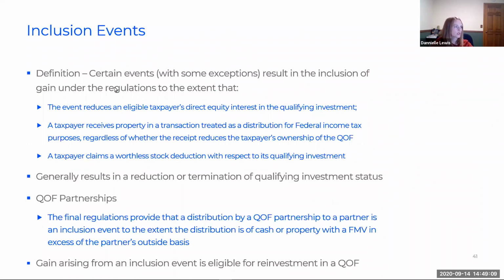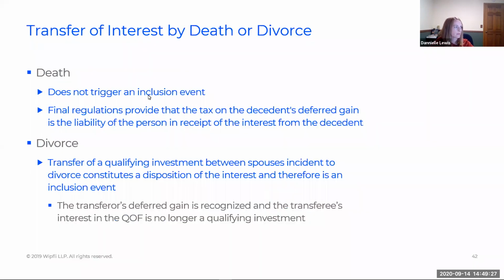A few inclusion events. These would be situations where you have to pick up the gain that you deferred. Essentially, these are going to come if you have left the QOF, or if you've had distributions in excess of your basis. Thankfully, they clarified that if you were to die, the beneficiary would not have an inclusion event.